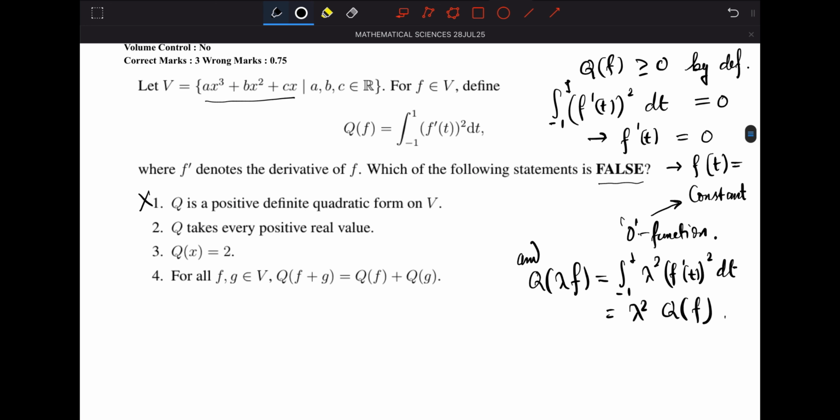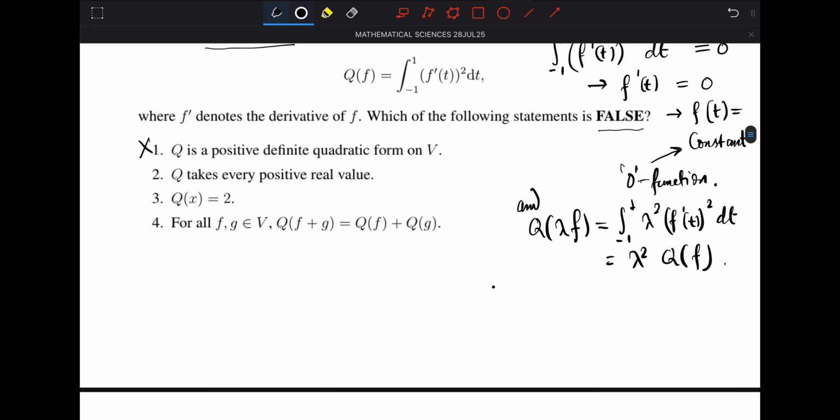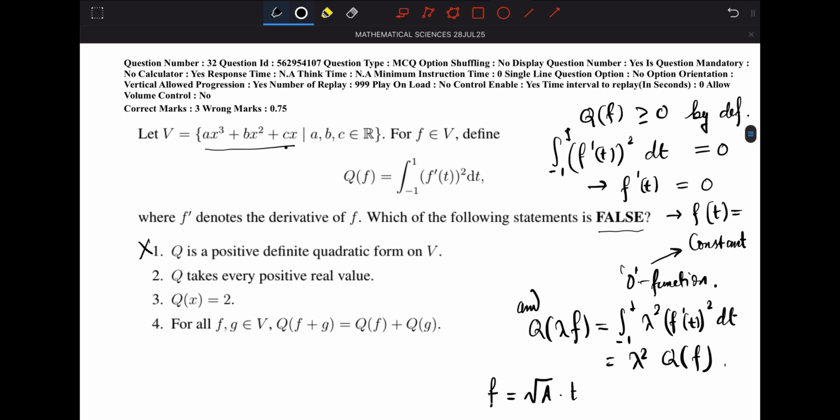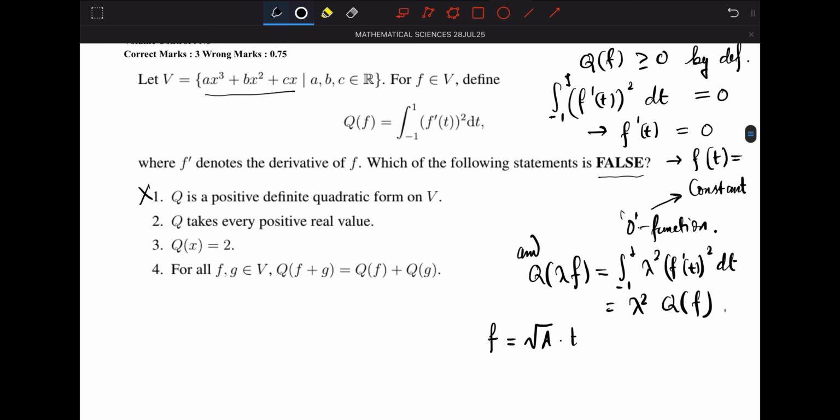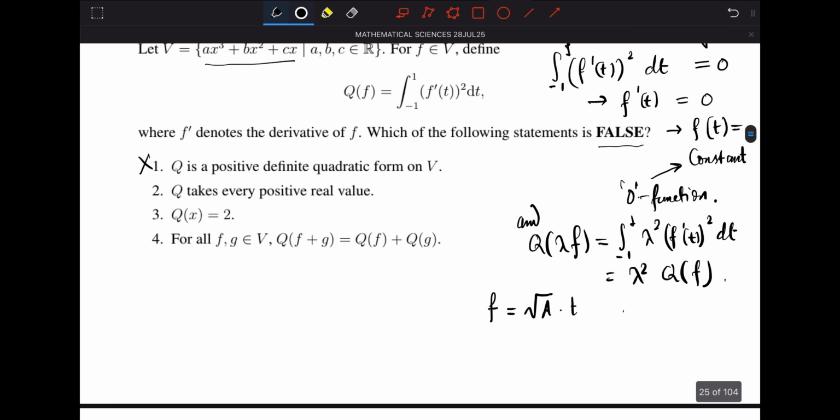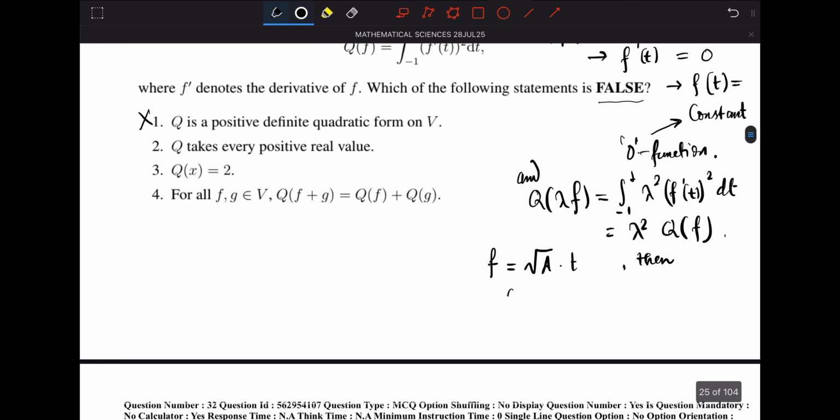Q takes every positive value, so let us choose f to be root over a times t, which is a valid thing because this is of the form ax cube plus bx square plus cx with a and b as 0. So then Q of f equal to the integral from minus 1 to 1 of root a whole square dt, which is nothing but 2a.